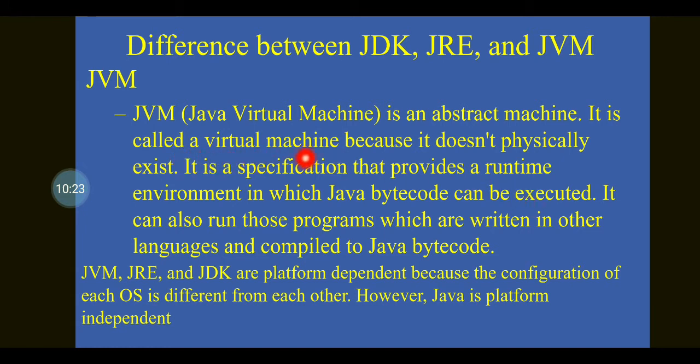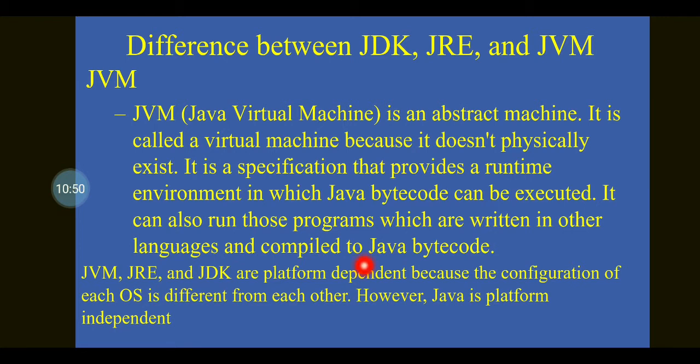It is called a virtual machine because it does not physically exist. It provides the runtime environment in which the Java bytecode can be executed. It can also run those programs which are written in other languages and that are compiled to Java bytecode.